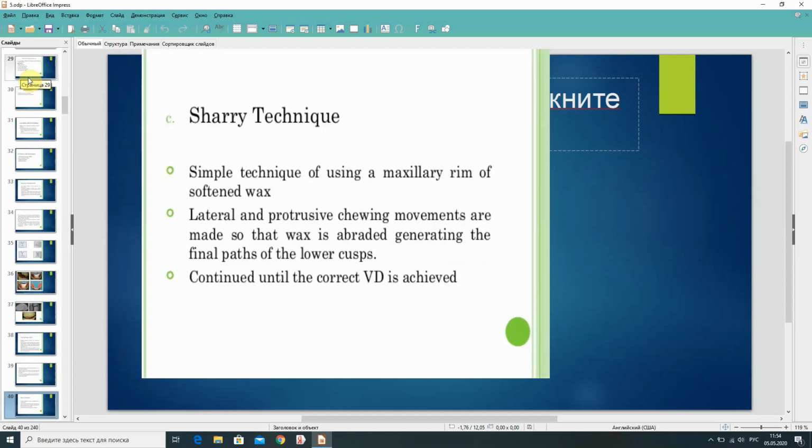Shari technique: a simple technique using a maxillary rim of softened wax. Lateral and protrusive chewing movements are made so that the wax is abraded, generating the final paths of the lower cusps. This is continued until the correct VD is achieved.